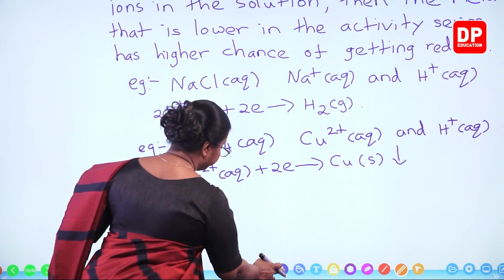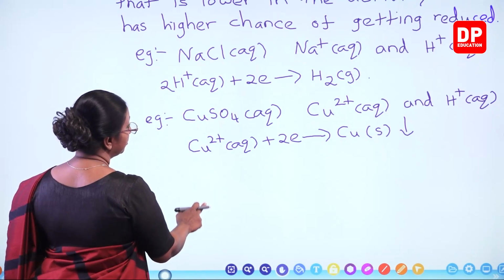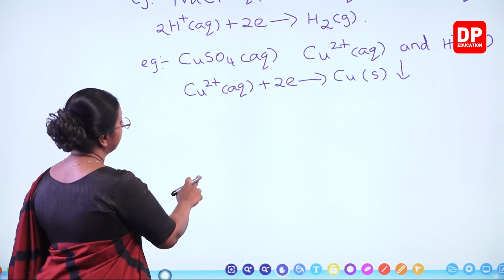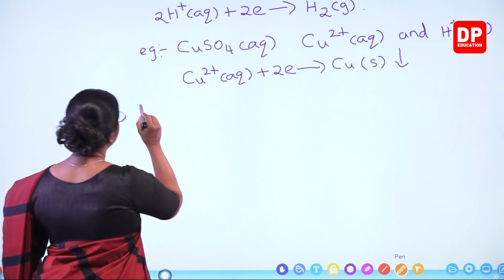The same way, now already I told you all, the negative ions move towards the positive electrode. So there what happens?